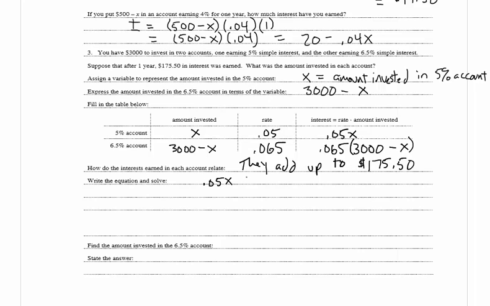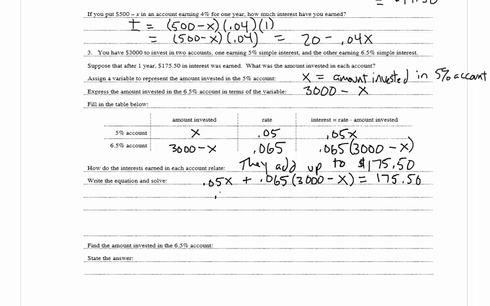So we have 0.05x plus 0.065 times (3,000 minus X) is equal to 175.50. And the first thing I'm going to do is distribute the 0.065 through the parentheses.